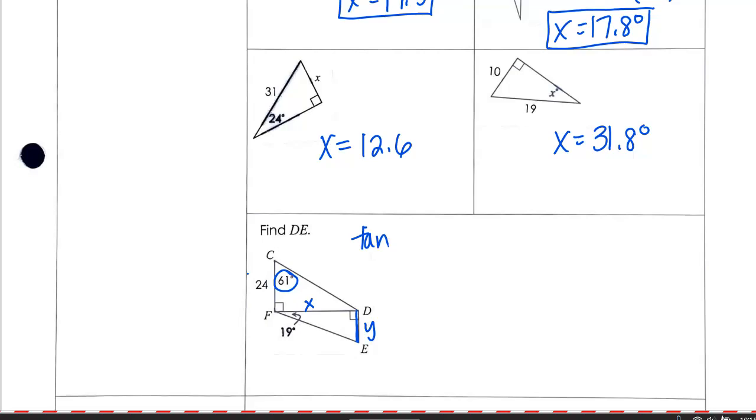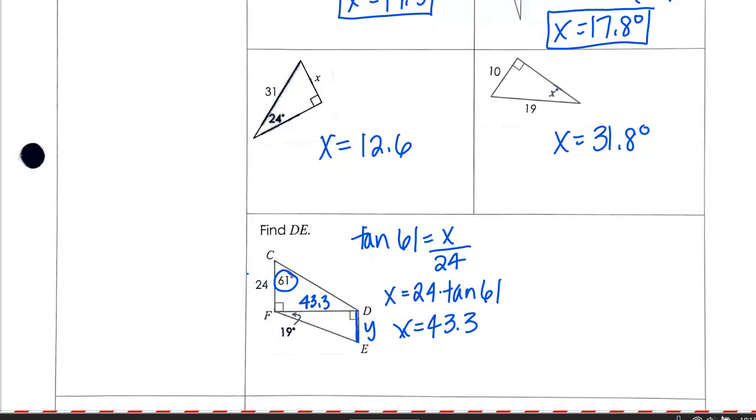So tangent of 61 degrees is equal to the side opposite over the side adjacent. So that means that side is 24 times tangent of 61. We put that in our calculator, and we're going to get x is equal to 43.3. So that means this side right here is 43.3.